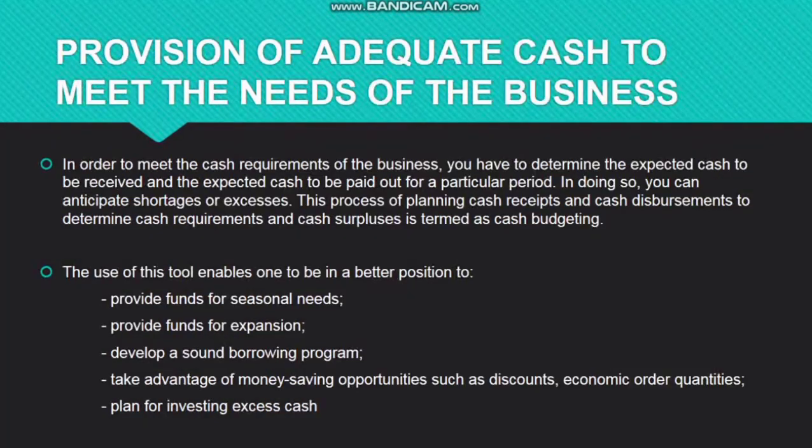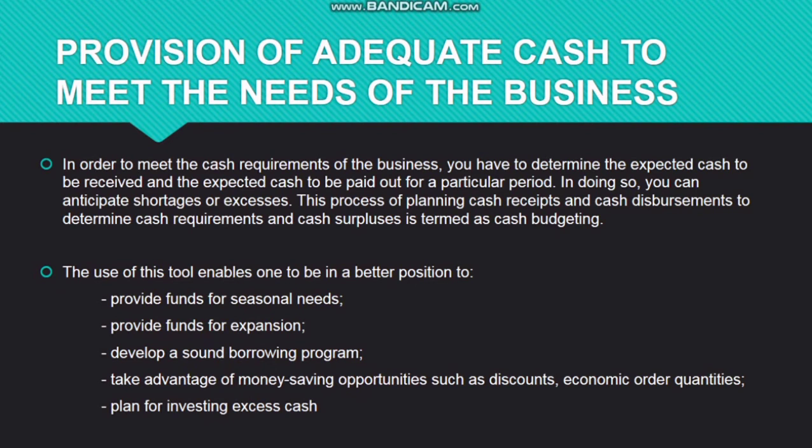Provision of adequate cash to meet the needs of the business. In order to meet the cash requirements of the business, you have to determine the expected cash to be received and the expected cash to be paid out for a particular period. In doing so, you can anticipate shortages or excesses. This process of planning cash receipts and cash disbursements to determine cash requirements and cash surpluses is termed cash budgeting.